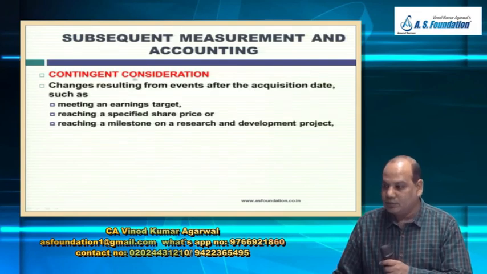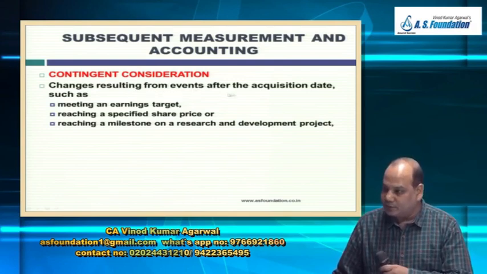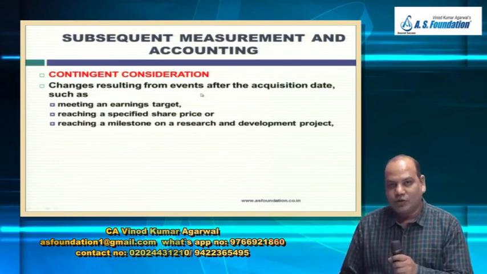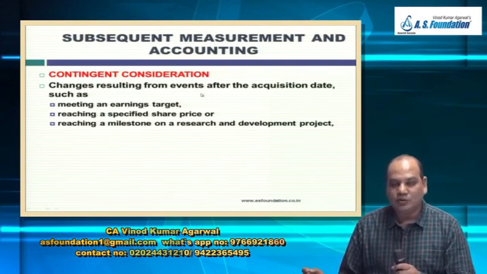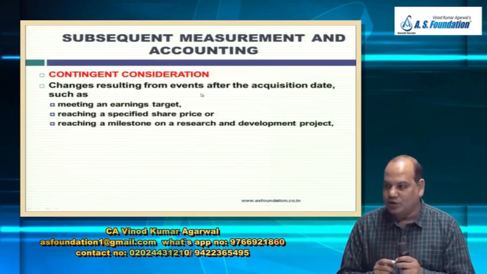But if the change is due to events after the acquisition date, that means new facts and circumstances have arisen, it does not relate to situation on the acquisition date.